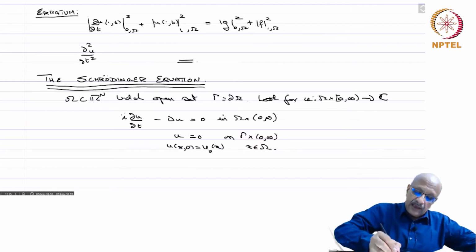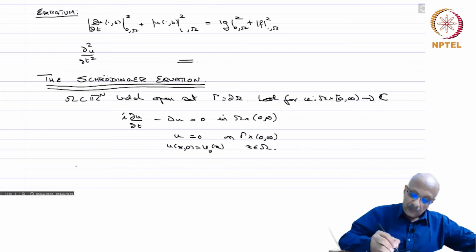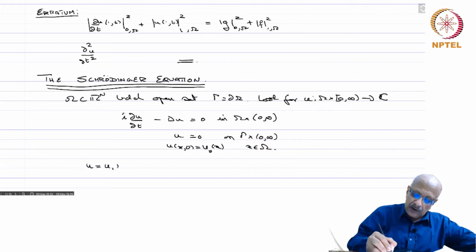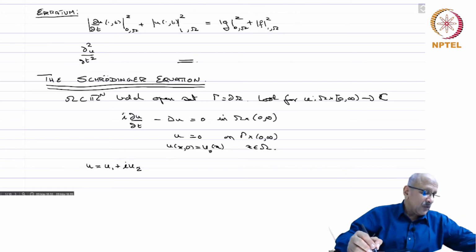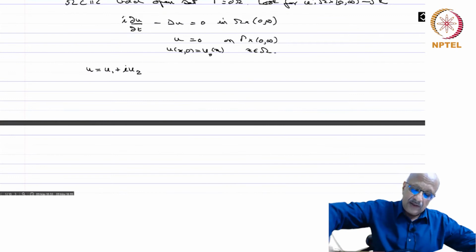You have an i here in front, otherwise it looks very much like the heat equation. We want to deal with real functions, so we write u equals u1 plus i times u2, the real and imaginary parts.